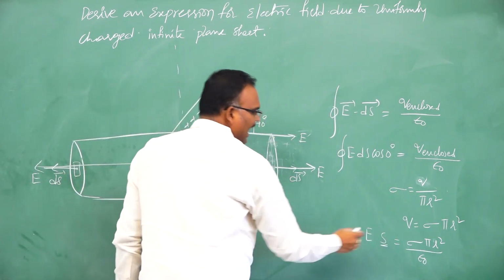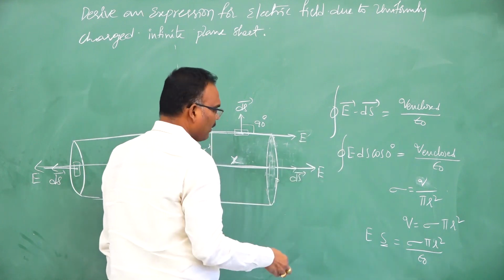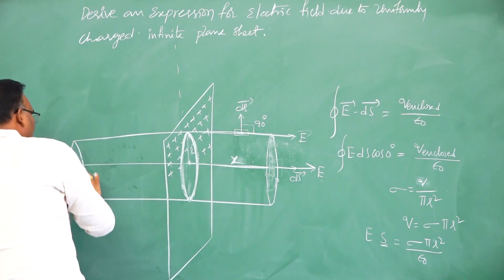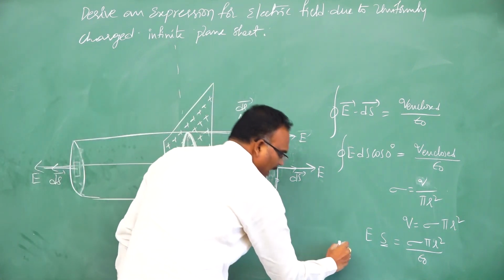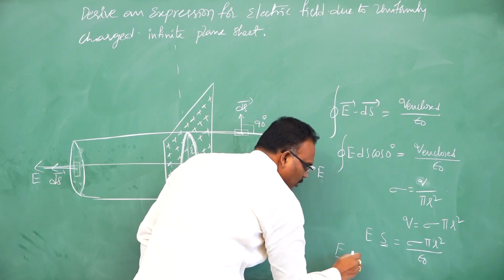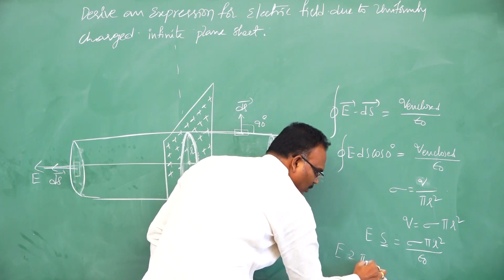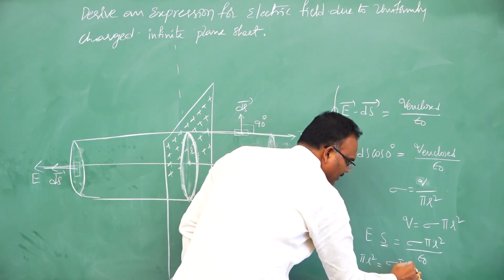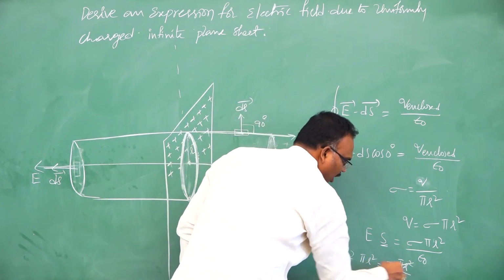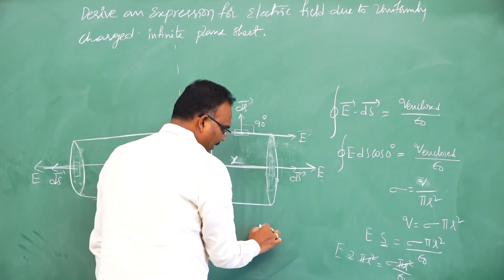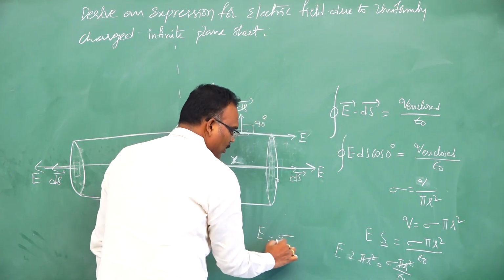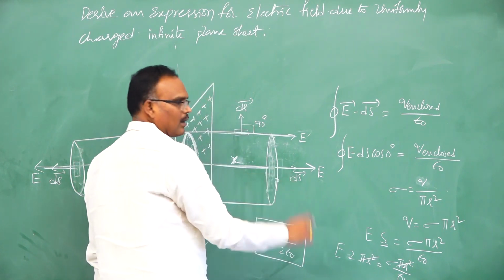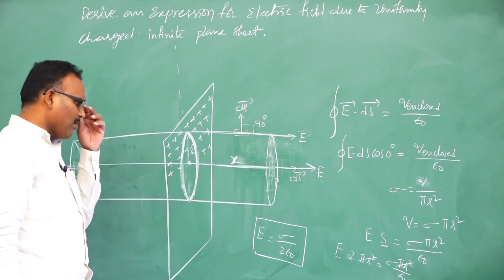Surface area I can write as pi r square, but I need to take two areas here, this pi r square as well as this pi r square. So that's why E into 2 times pi r square is equal to sigma into pi r square divided by epsilon naught. Pi r square cancels. Then electric field E is equal to sigma by 2 epsilon naught. E is equal to sigma by 2 epsilon naught.